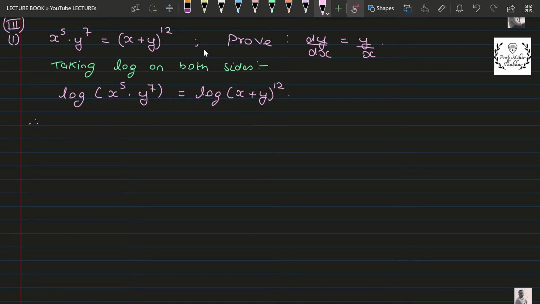Now property of log says if the terms are multiplied inside the log, we can apply log to both the terms separately and just add them. So I get log of x raised to 5 plus log of y raised to 7. And here it just comes down as it is, x plus y whole power 12.